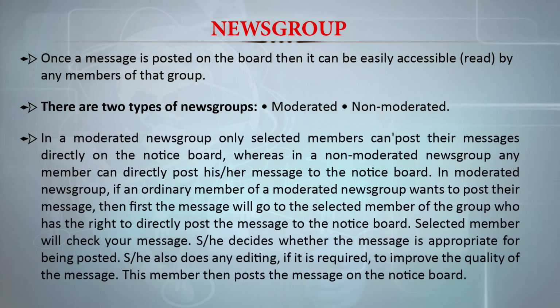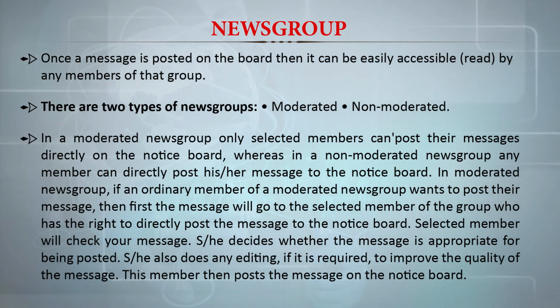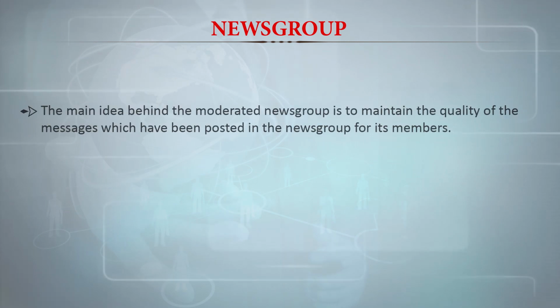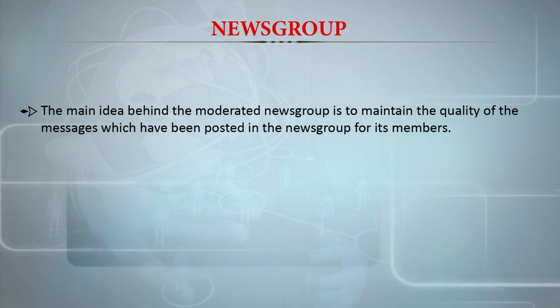In the case of moderated, when a message is posted, that message first of all will be examined by the moderator, and only after the moderator accepts, the message is posted to the group. In the case of non-moderated, you can directly post to the group. So the main idea behind the moderated news group is that we have to maintain the quality of the messages which have been posted in the news group for its members.